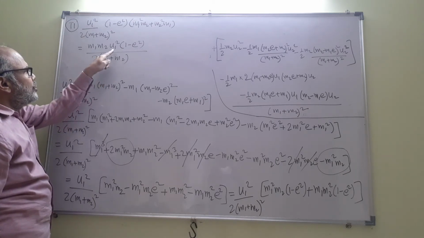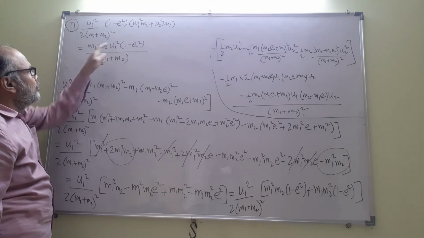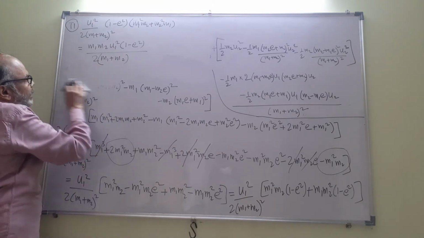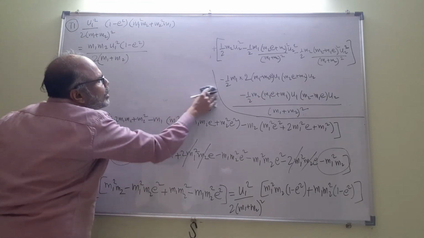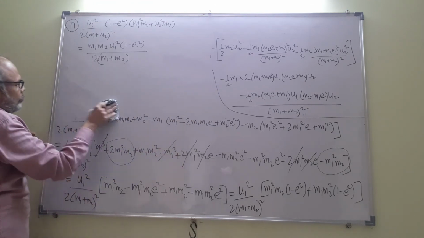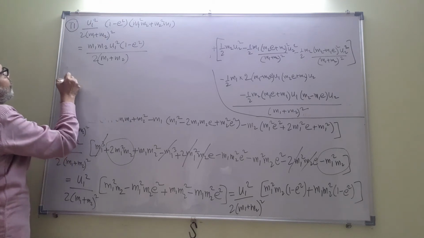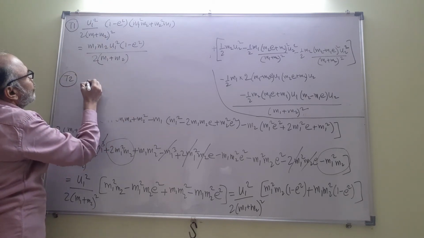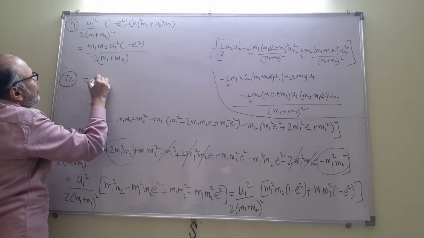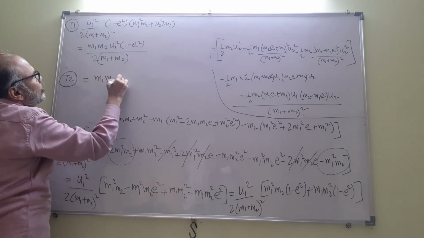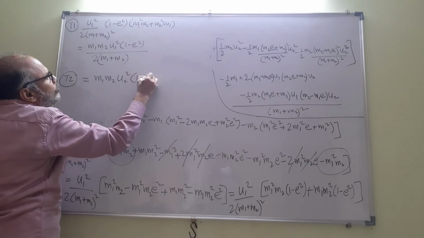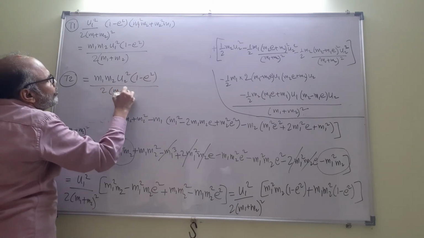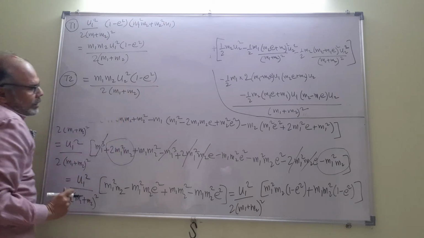Only thing that is going to change is u1. u1 will become u2. So straight away we can say that the second term would be m1 m2 u2 squared into (1 minus e squared) by 2 into (m1 plus m2). That is the second term.